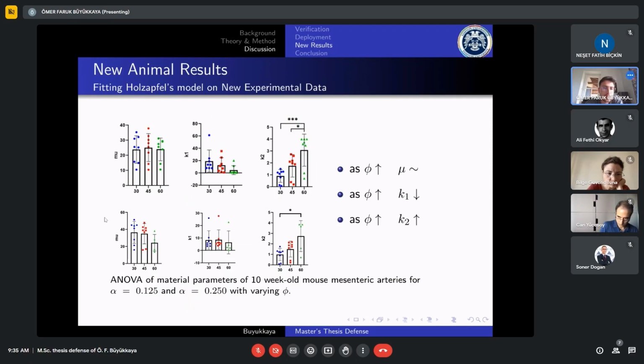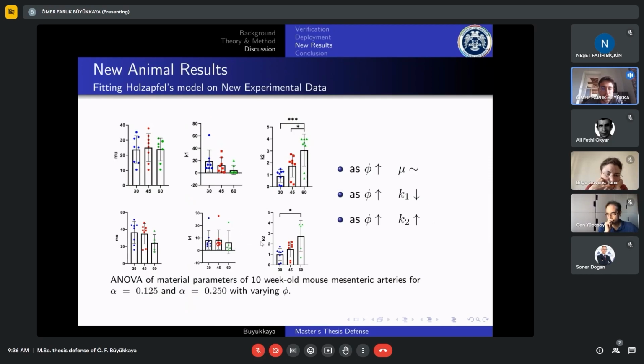and it's seen that the infinitesimal shear modulus of the matrix material is not very responsive to the change of the fiber angles. And the infinitesimal stiffness of fibers decreases as the fiber angle increases, needing less stiffness at the beginning of the deformation.